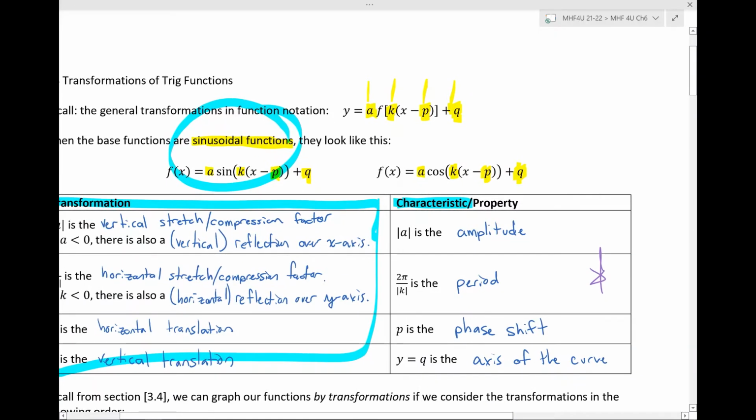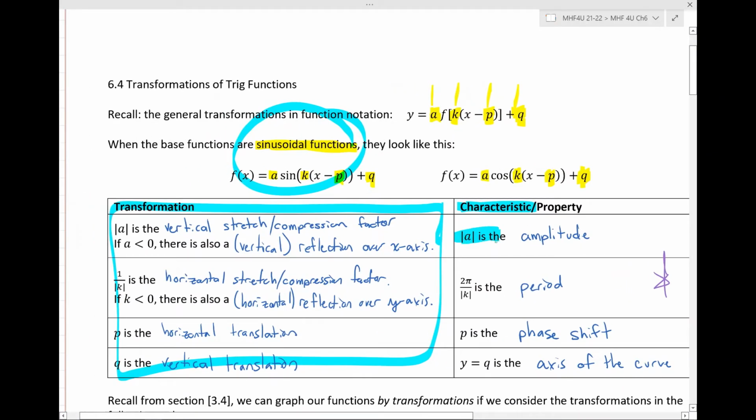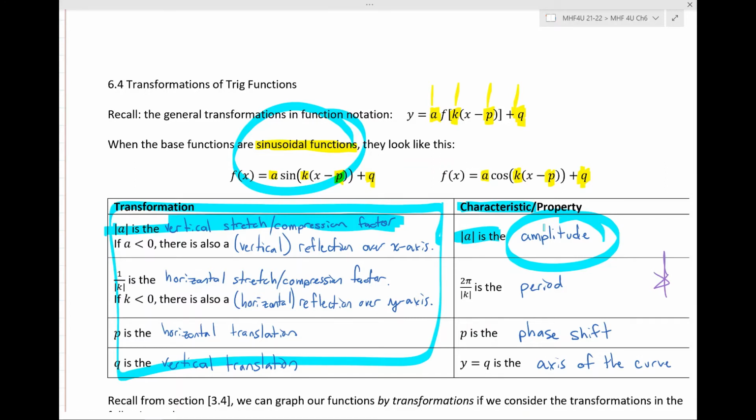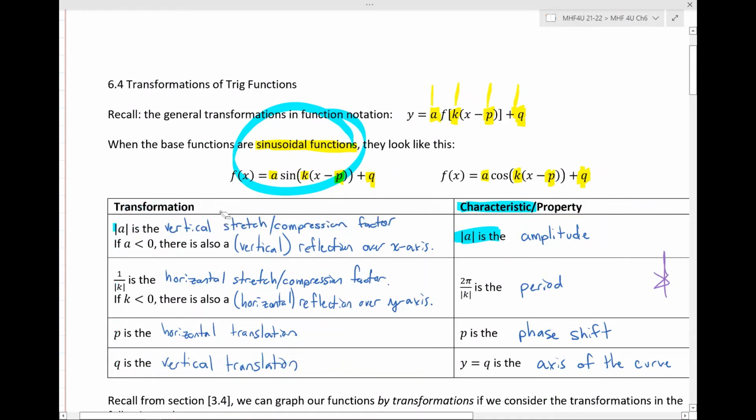The absolute value of A, remember, was our vertical stretch or compression factor, and that applies to our amplitude. So if A equals 1, our amplitude is 1. If it's vertically stretched, then we're expecting the vertical height of our sinusoidal function to be increased proportionately.